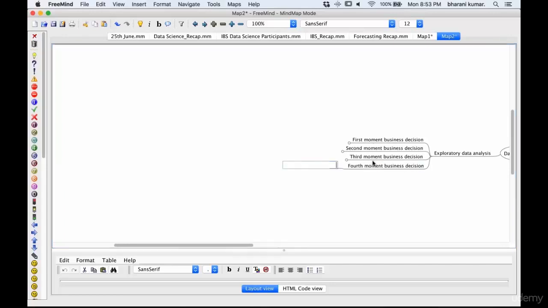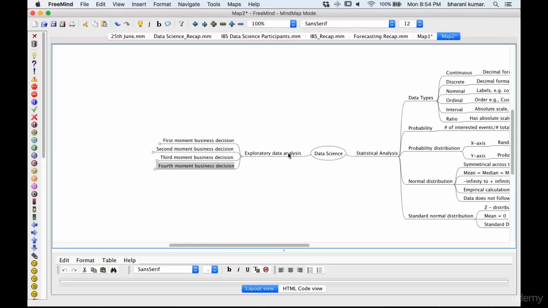It will explain whether the distribution is thinner or wider in comparison to your normal distribution basically. And it is called kurtosis. Alright, this is exploratory data analysis for you.